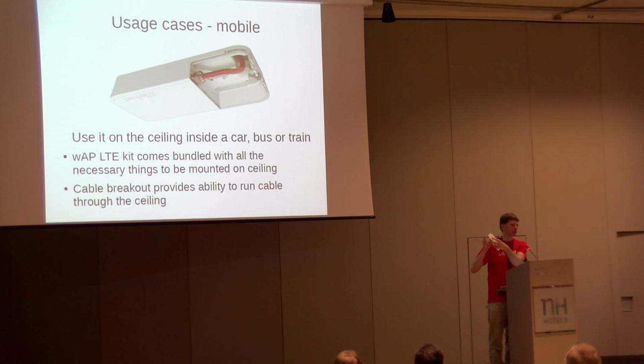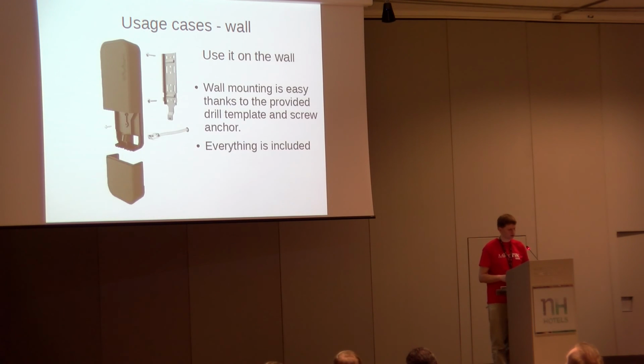You can put an Ethernet cable and mount it on the top maybe of the bus or some other place, or on the wall through that socket. So you can put it in a car, bus, or boat, or any vehicle. It has all those parts, all the drill templates and attachments for how to mount that, and also all the things for the cable.